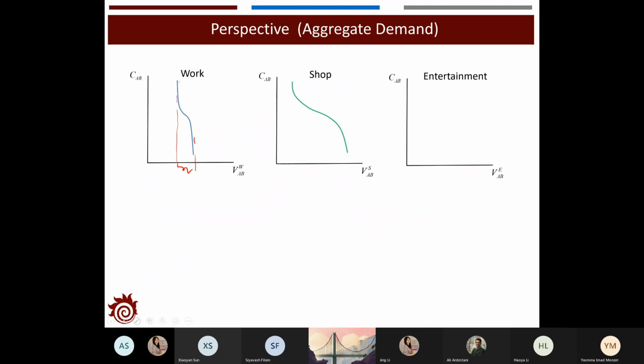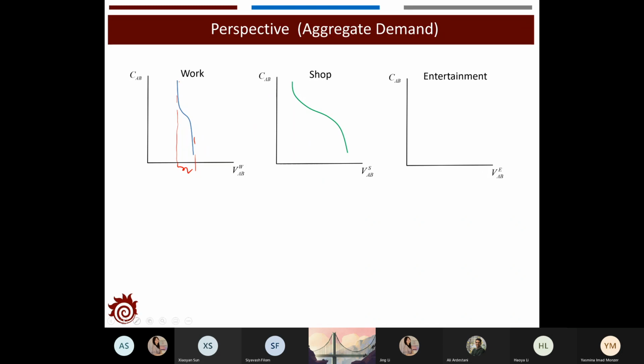And for the shop, this one depends. Sometimes the shopping would be mandatory, you need to go to some grocery stores to purchase some necessary products for daily life, but it depends. The number of trips can be changed a lot depending on the cost. If the cost is high, then definitely you will have fewer trips, and if the cost is low, it will inspire you to do more trips. So the sensitivity is moderate.